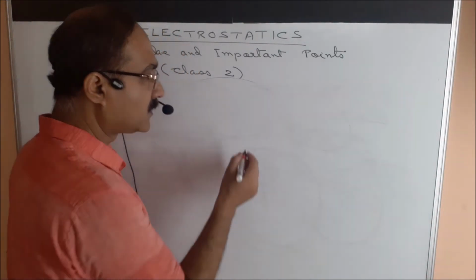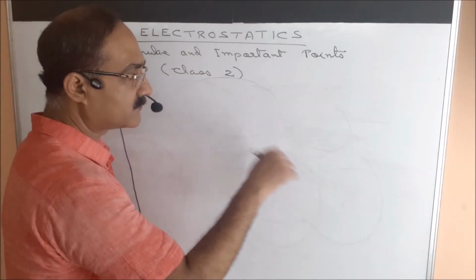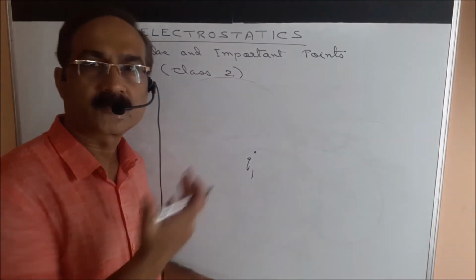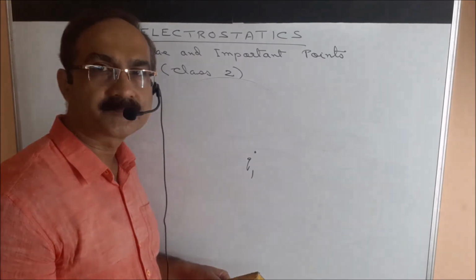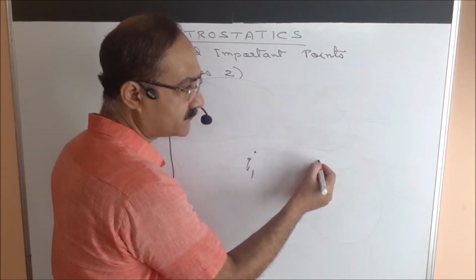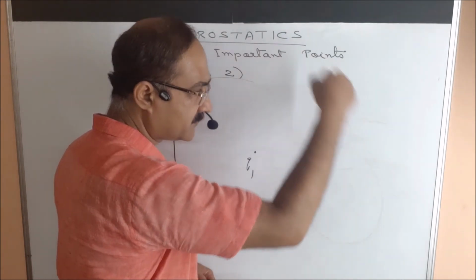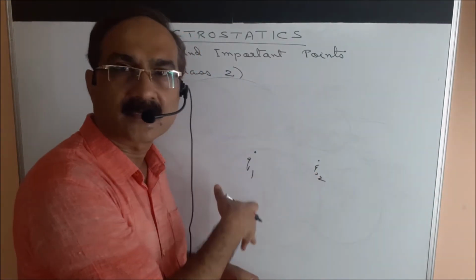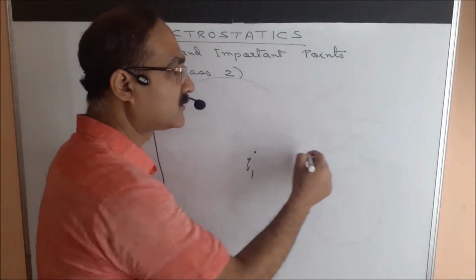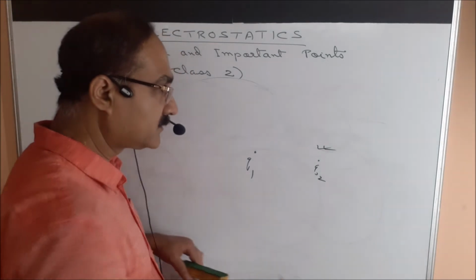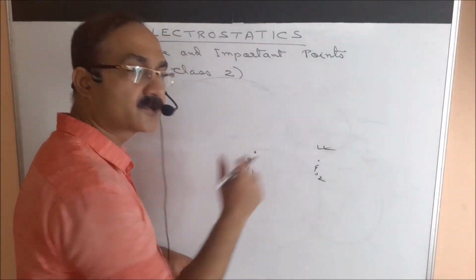In this empty region, we brought the first charge, no work is done, so the potential energy of Q1 is 0, right? Now we brought the second charge from infinity. Since some work has been done, as I explained before, this will have some potential energy. Okay? Now in this region, there are two charges.